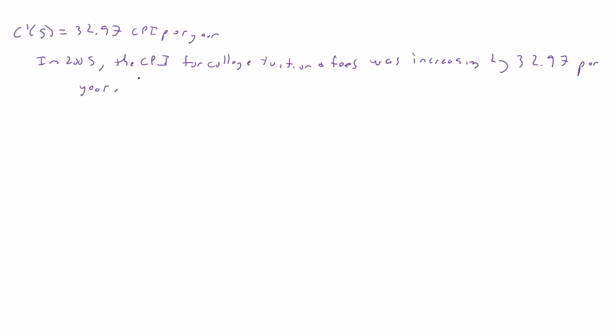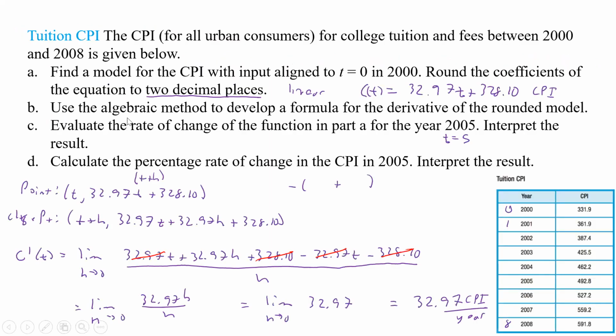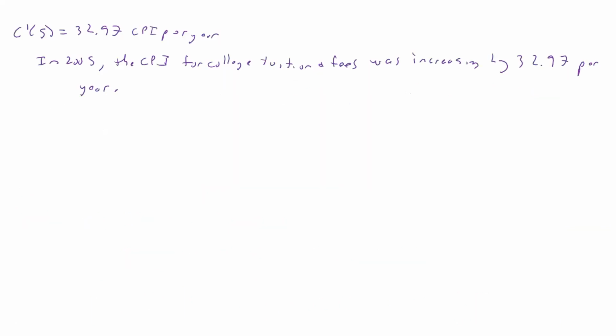Now, what we need to do is actually calculate the percent rate of change, I believe. Okay, and so what we need to do is some calculations. So let me get my calculator out here, and we're going to take our percent rate of change, which is going to be C prime of 5 over C of 5 times 100%.